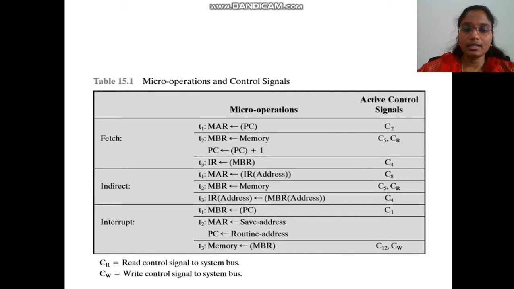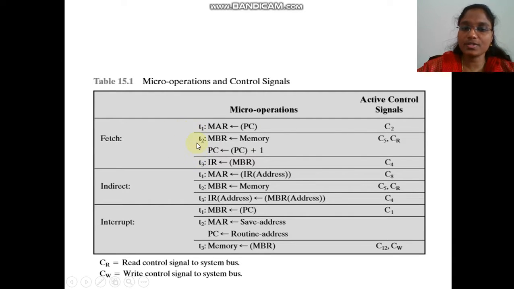There are a few micro operations and control signals given in this table for a particular instruction. That instruction goes through the fetch cycle, the indirect cycle and the interrupt cycle, and in each cycle it has some steps.